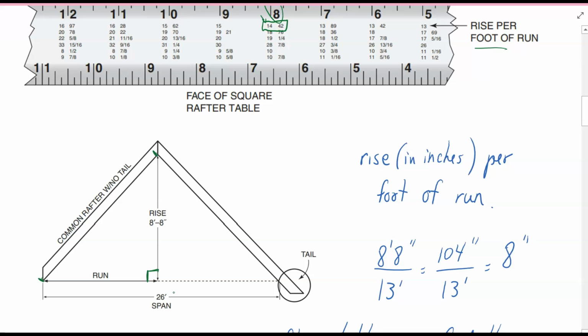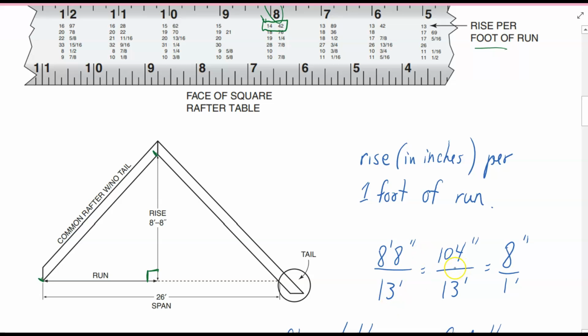And so we calculate the rise in inches per 1 foot of run. If you have a longer length, then you just divide by that amount in feet and it will change it to per 1 foot. Okay, so for our example, 8 feet 8 inches rise per 13 feet of run.